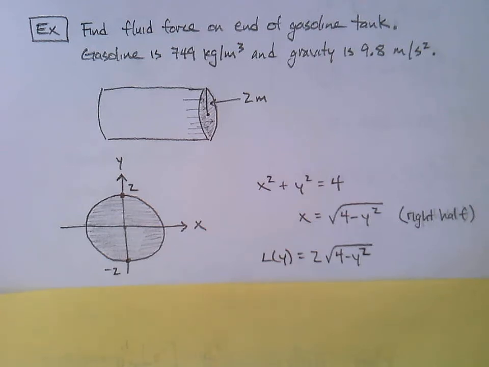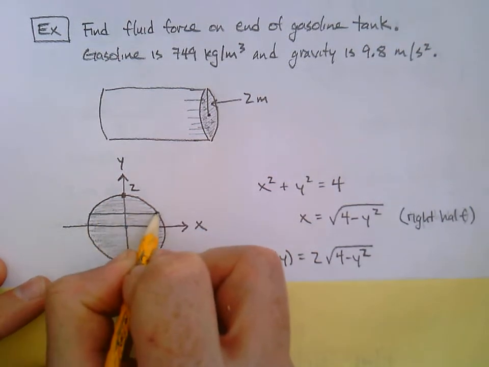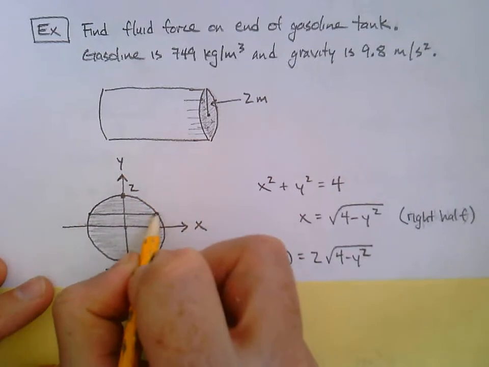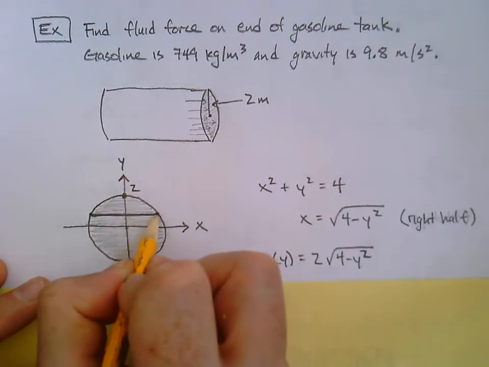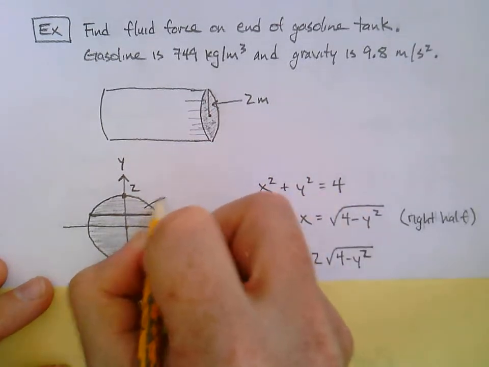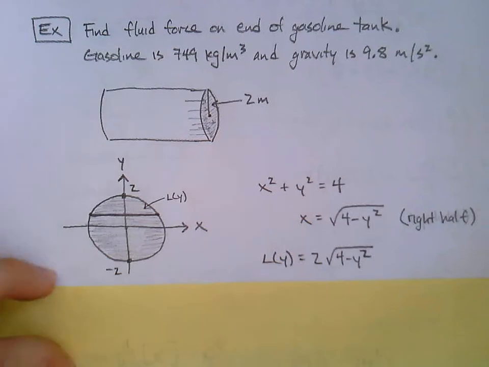So let's pick it up from here. If we were to draw L of y, and you see my work for L of y there already, but let's take it from the top. So what is L of y? That is usually the most difficult thing to figure out. Here, L of y is always a horizontal line, a horizontal length, like so, and it would go all the way across.